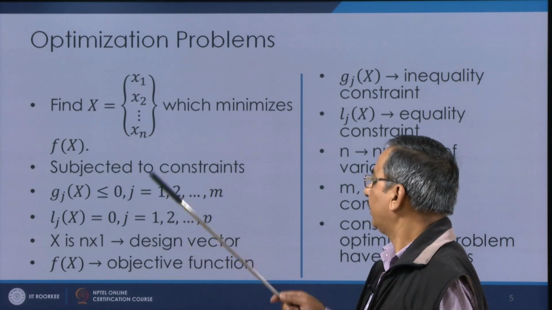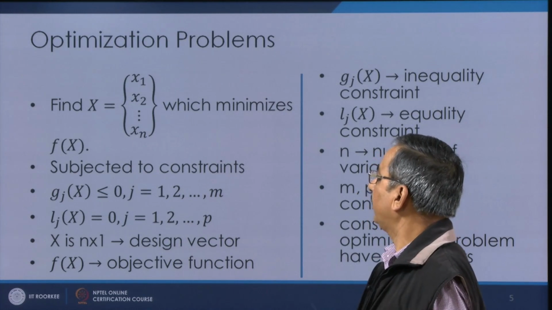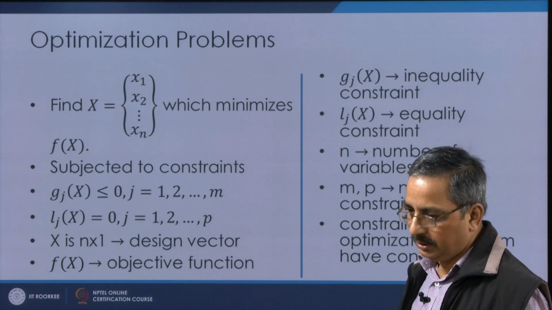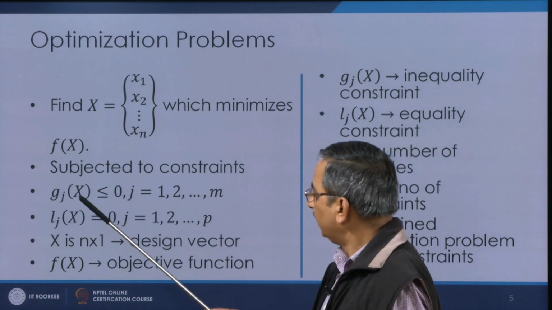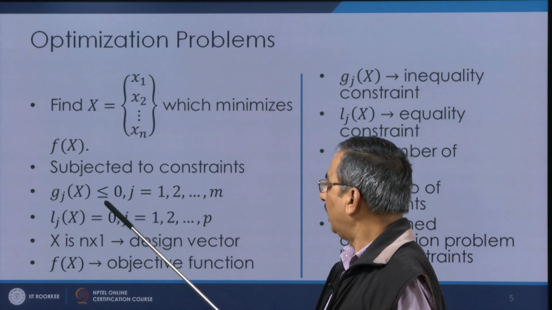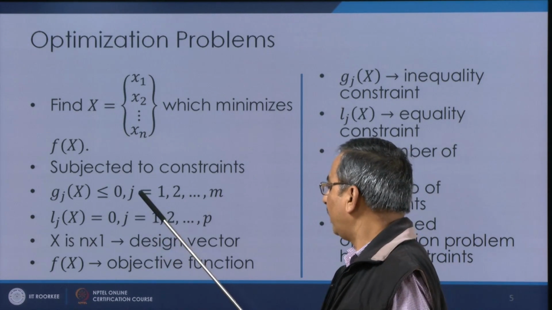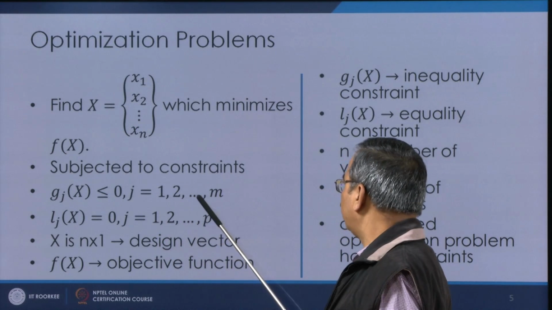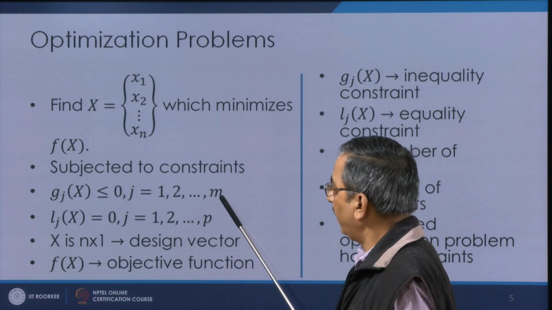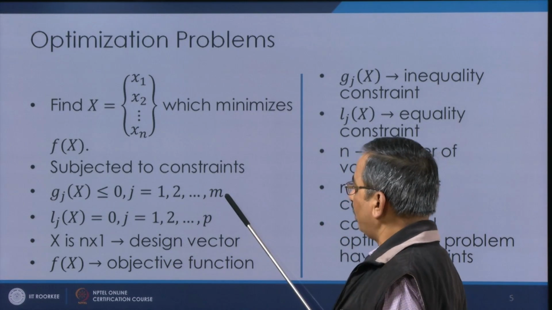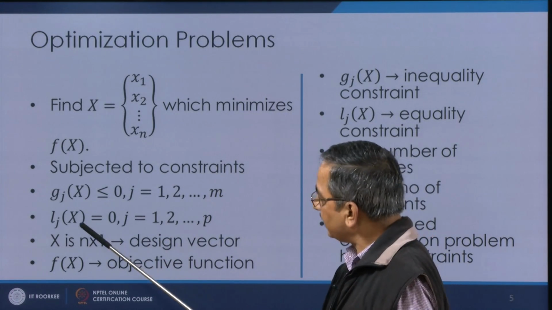this could be subjected to certain constraints, that is, these design variables could be subjected to constraints, say Gj(x) should be less than or equal to 0 for j equal to 1, 2, 3, 4 till m. So this is one set of constraints. We can have another set of constraints.